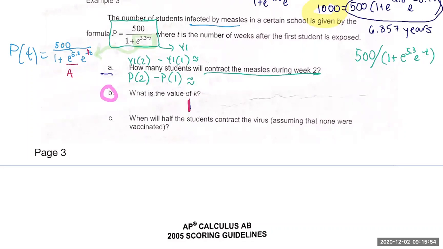So 11.092 is what a lot of you guys are entering in. That is correct, or about 11 students.